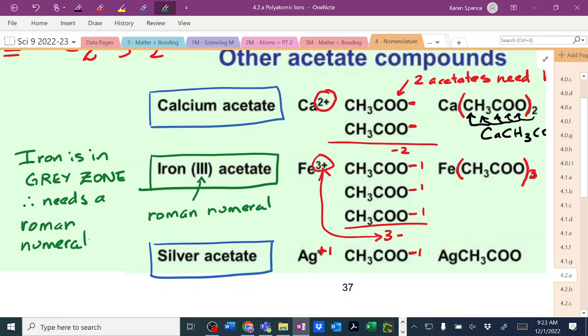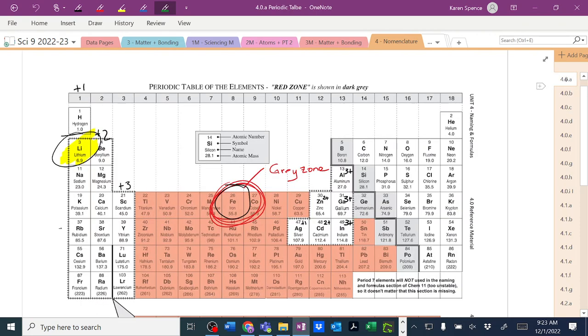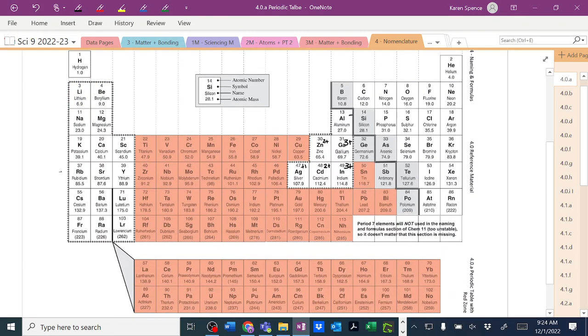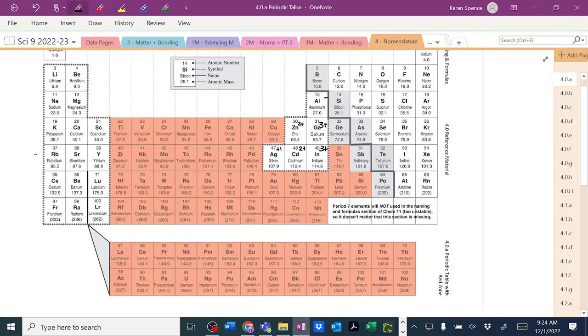And what do I mean by the gray zone? Just in case you were away for that, let me scooch back up here. On here, it's the red zone. I can't photocopy red for you, so it's gray on your paper, so we'll call it the gray zone. Iron is in the red zone, or the gray zone.